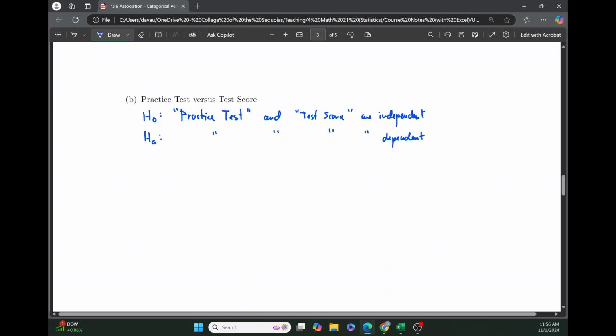Now here it's not super clear. When we say practice test, what are we talking about? Are we talking about the score on the practice test? Or are we talking about whether or not they took the practice test? We'd have to look at the data to know. And so we'll do that in a second.